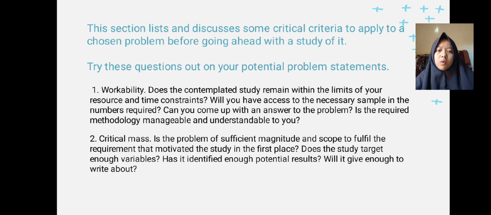Is the required methodology manageable and understandable to you? Then, critical mass. Is the problem of sufficient magnitude and scope to fulfill the requirements that motivated the study in the first place? Does the study target enough variables and has it identified enough potential results, or will it give you enough to write about?